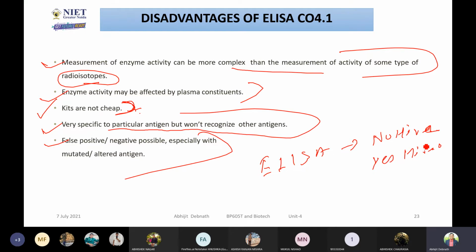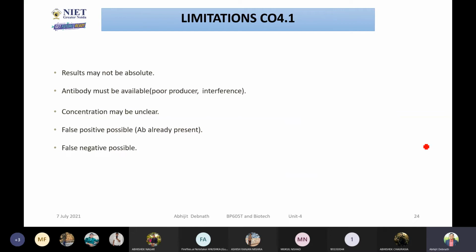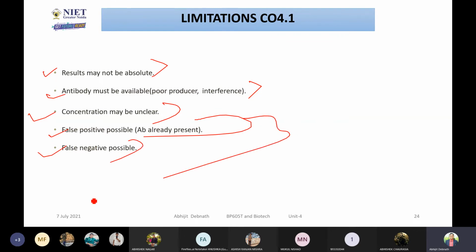The instrument or equipment should be updated with time. Limitations: results may not be absolute, the antibody must be available, and the concentration may be unclear. False positives and false negatives are also possible, as I was telling you. These are some limitations of ELISA.